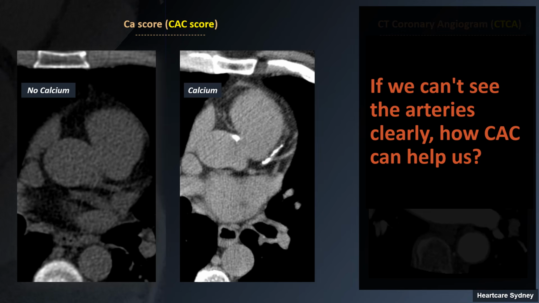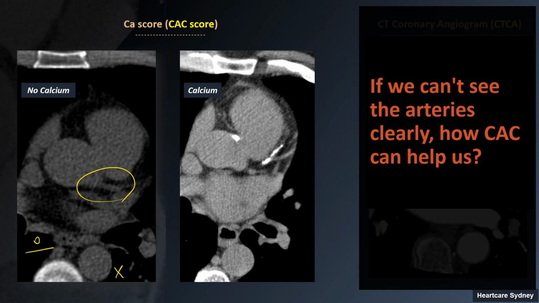So the question pops up that if we can't see the arteries clearly, then how can a CAC score help us? I will try to answer this question with these two images from two different patients. On the left, we see a perfect calcium score CT with absolutely no calcium in the coronary arteries, so the score is 0 here.